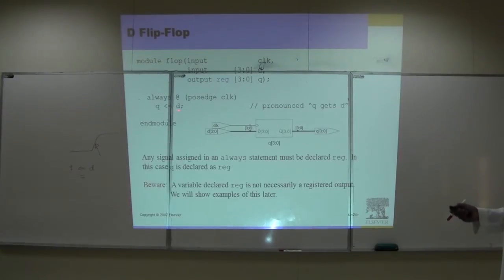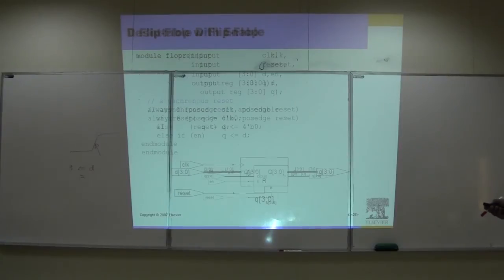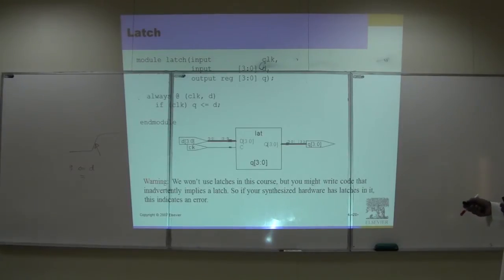we have two conditions. The value will be D, no problem. But here you have a condition. You need to have a clock edge. If you have the edge, you can have Q gets D. But for the latch, it is not the edge.